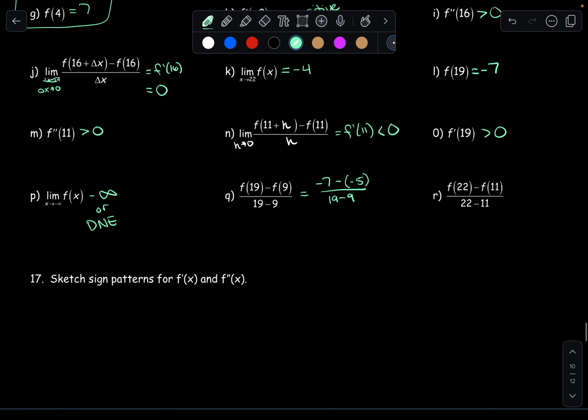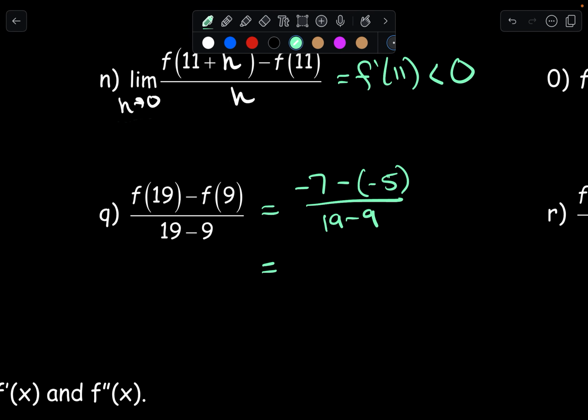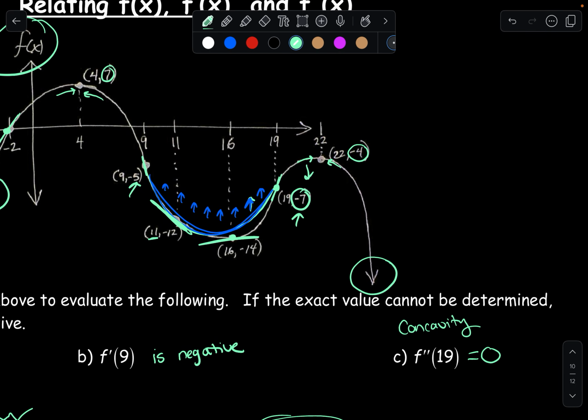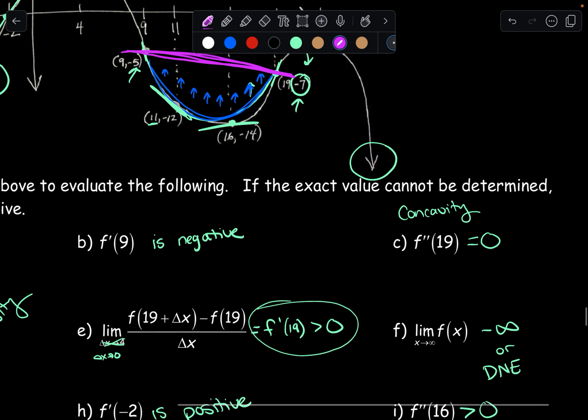So again, this is just average rate of change. So we'll have -5 plus 5, which is -2, divided by 10, which is equal to -1/5. And if we connect the secant line from 9 to 19, it is slightly negative, so that's where we get the -1/5 slope for that secant line.